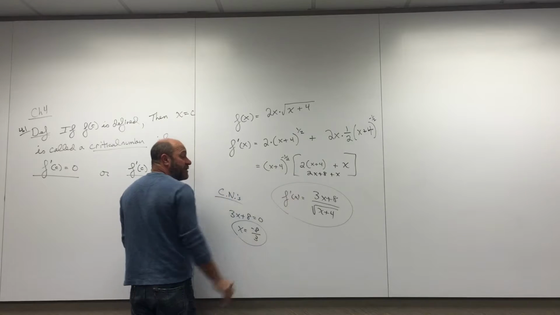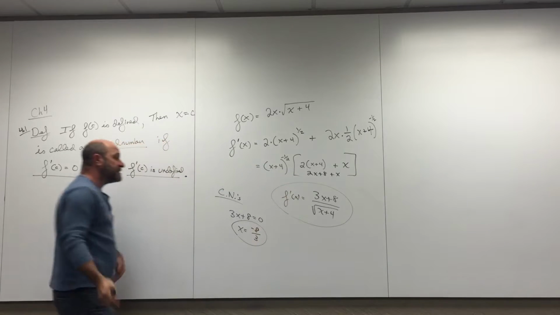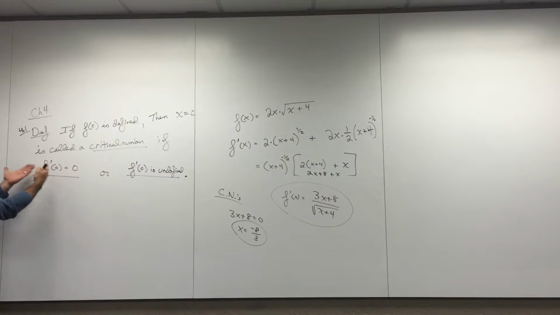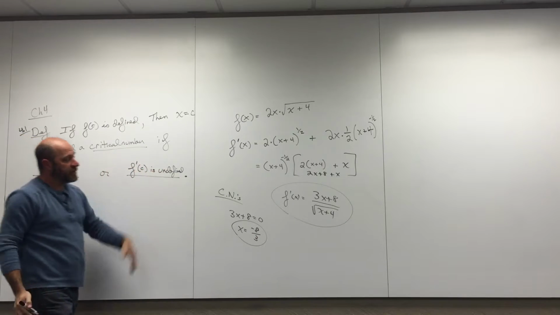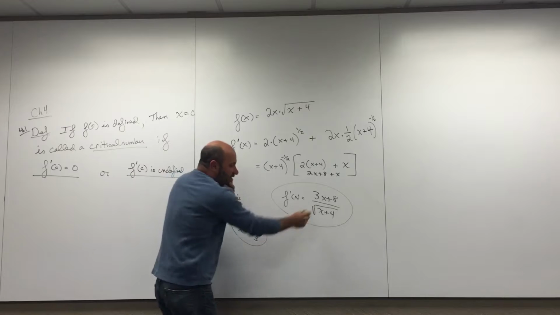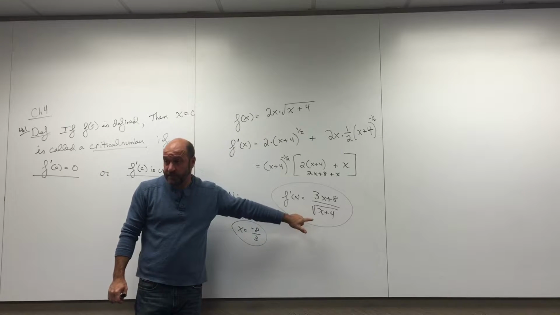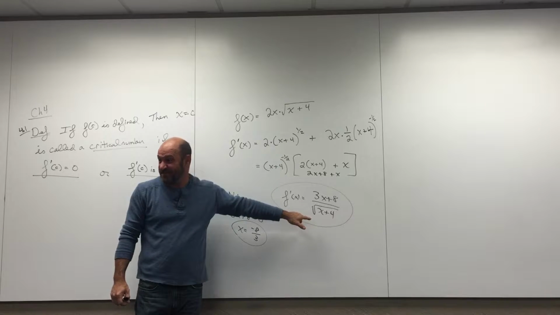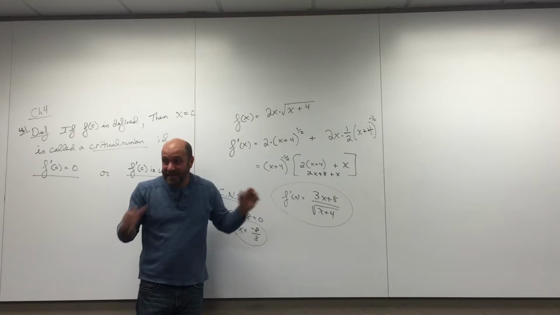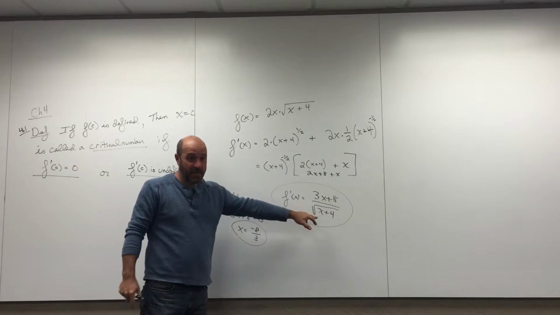When is it undefined? Look at that guy. When is he undefined? I'm looking for both these places. When is the derivative 0? When is the derivative undefined? I guess it's undefined when the denominator is 0. Do you know when that is? X equals -4. When x is -4. Thank you. Can you see how you get a 0 in that denominator when x is -4?